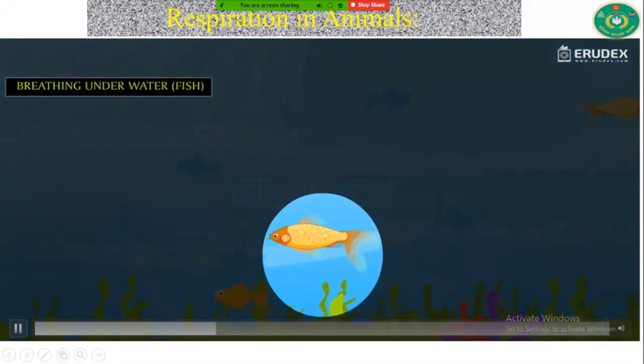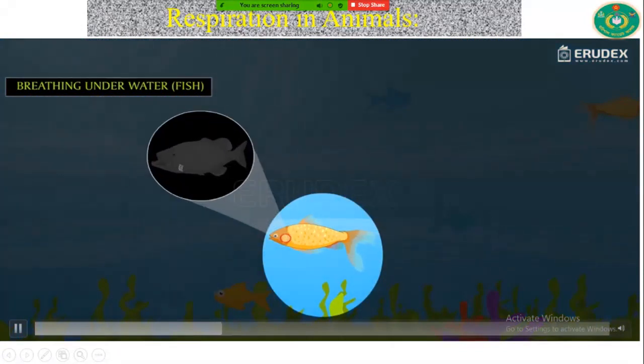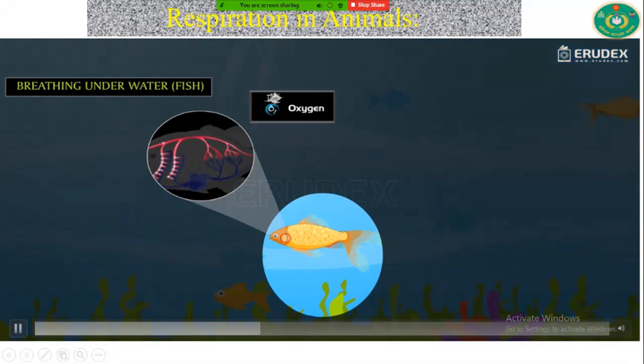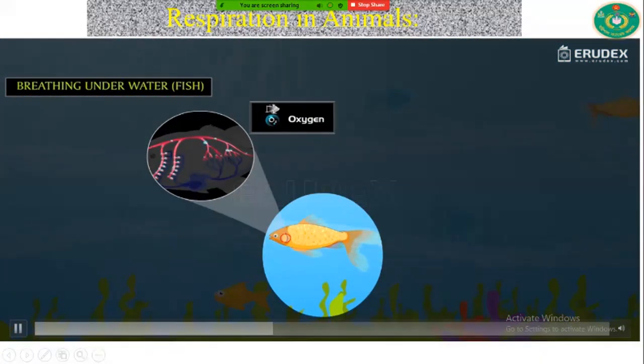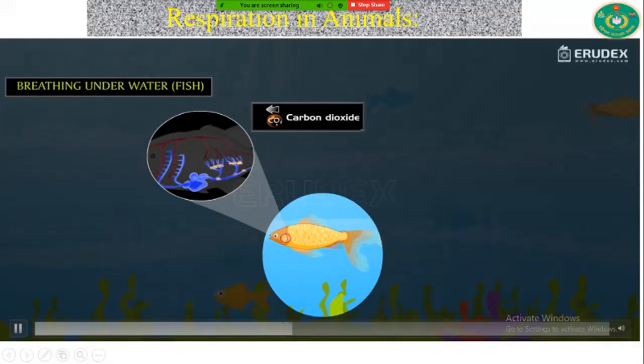Organisms like fish living in water possess special structures called gills, which aid in breathing. Gills are projections of the skin which have a rich supply of blood. Oxygen from water diffuses into capillaries present in the gills to provide oxygen to the body cells. Carbon dioxide in turn diffuses out of the blood, thereby causing exchange of gases.